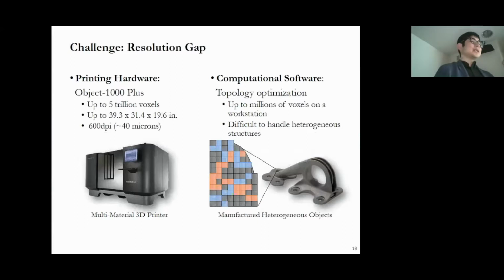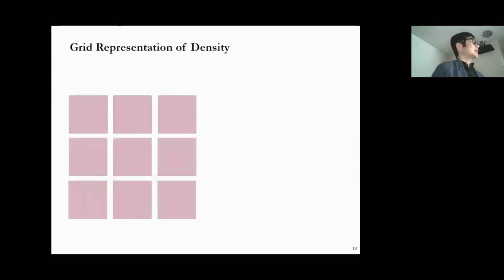That means within a cubic centimeter, there are millions of voxels. You can specify 1 million material points to define your object. But for computational software, the state-of-the-art FEM solver can only handle up to millions of voxels on a workstation. It is also very difficult to handle heterogeneous structures. If we have different materials in this space, it's hard to solve, especially if these materials have drastically different material properties.